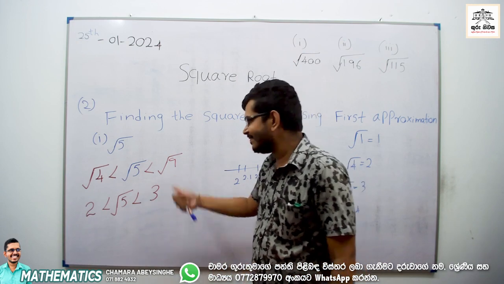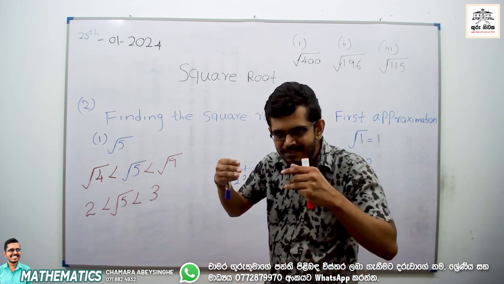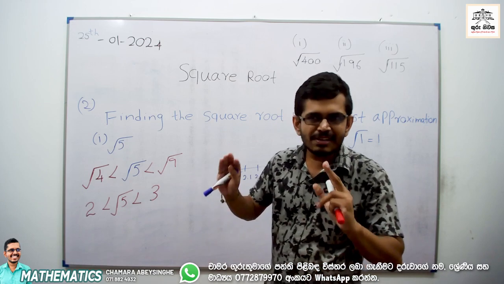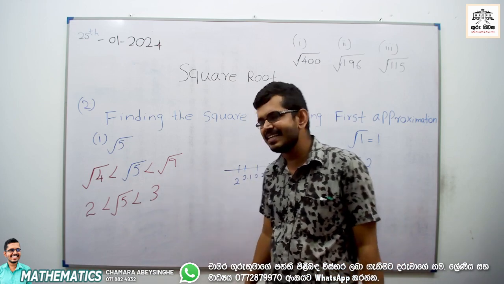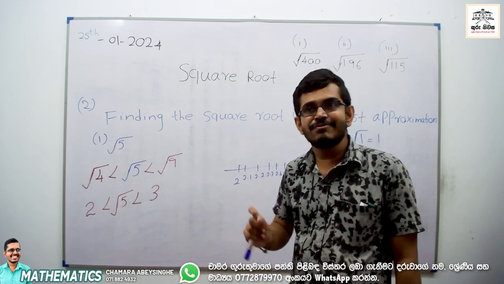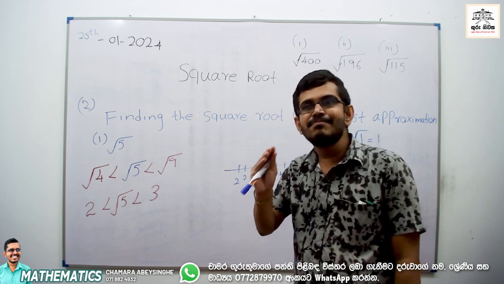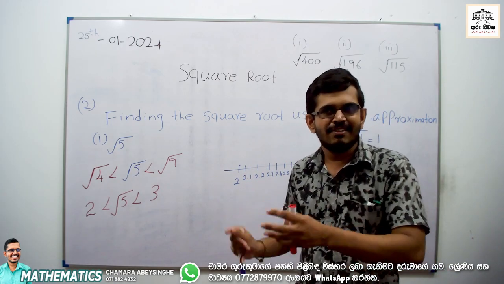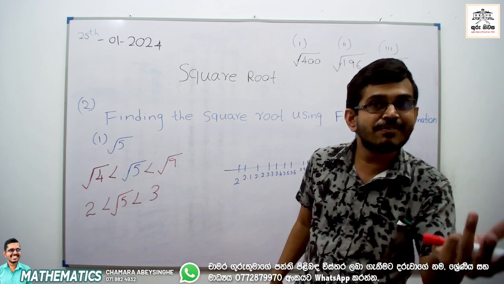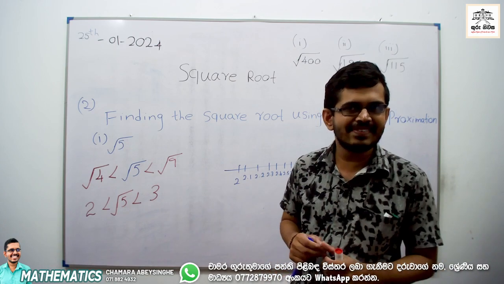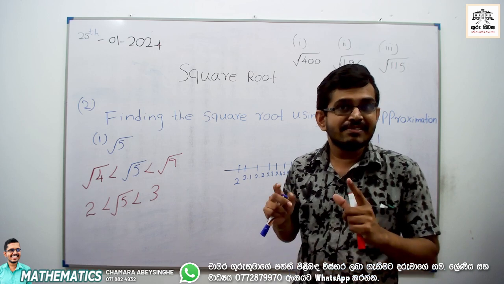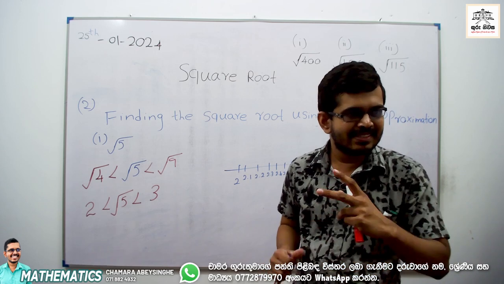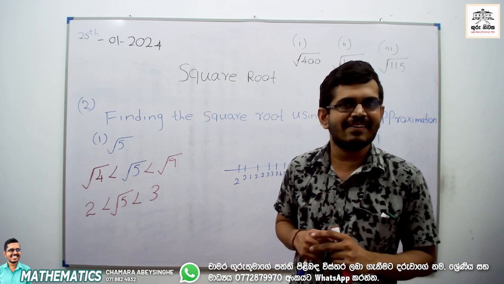Forget the square root mark. මට කියන්න, 5 is what is the most nearest one, 4 or 9? 5 nearest වෙන්නේ 4 වලටද 9 වලටද? Which number?